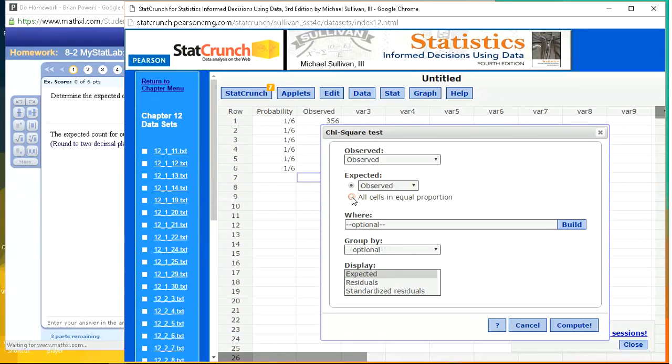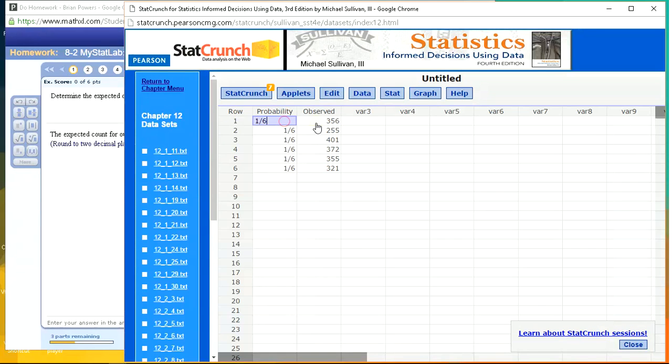I could click all cells in equal proportion, which says if it was a fair die, all of them should be equally likely. It didn't like my 1/6, so let's put them in decimal: 0.166667.